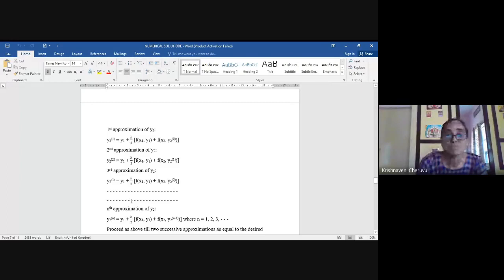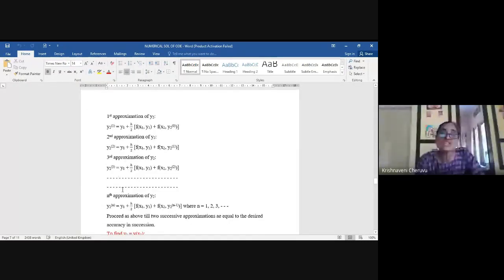Means y2 bracket 4 must be equal to y2 bracket 5. Equal to means after how many decimals? Up to 2 decimals or up to 3 decimals. It depends on the time constraint and also the question. Okay, now you practice up to 4 decimals. So you continue finding y2 bracket 3, y2 bracket 4, until you get two equal approximations in succession.